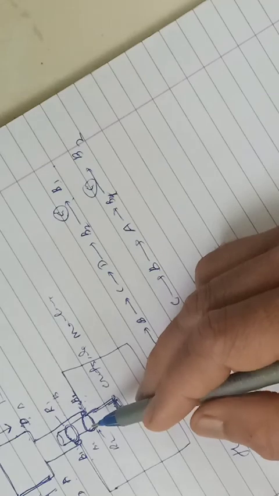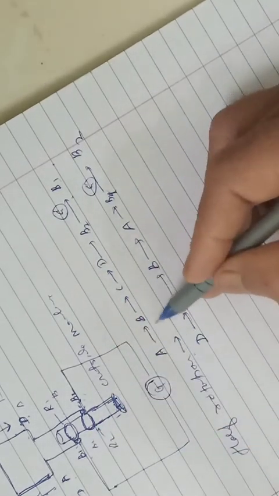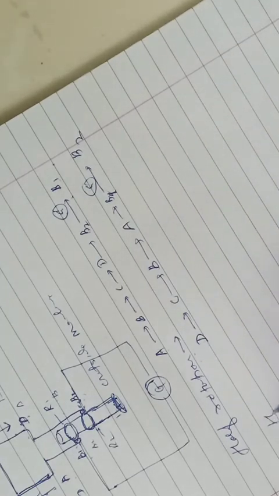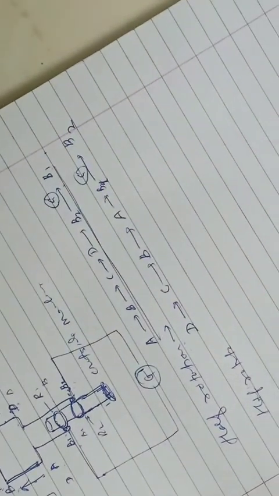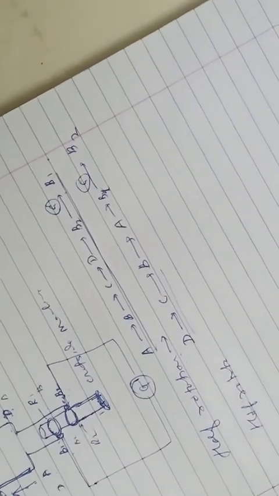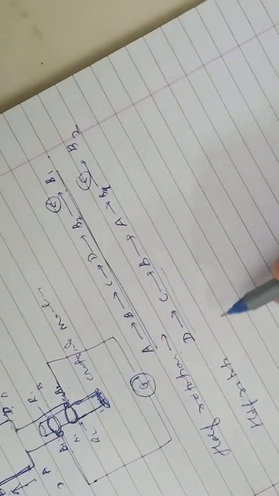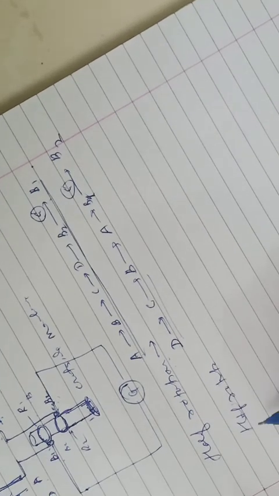Thus it repeats: after completing another half rotation, the current again flows from A to B, B to C, C to D, and in the next half it changes direction. That means after every half rotation the direction of the current changes.